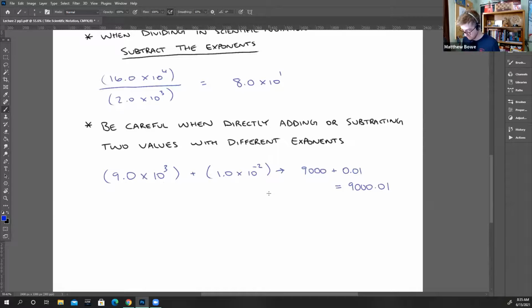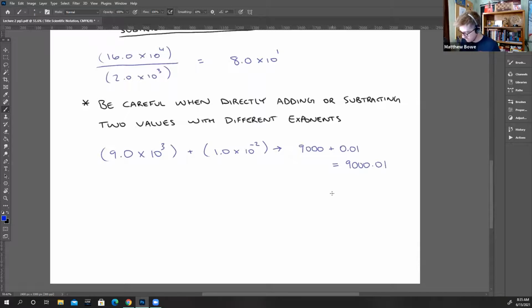So we have to watch out for this if the exponents are not the same. I'll just leave it like that.